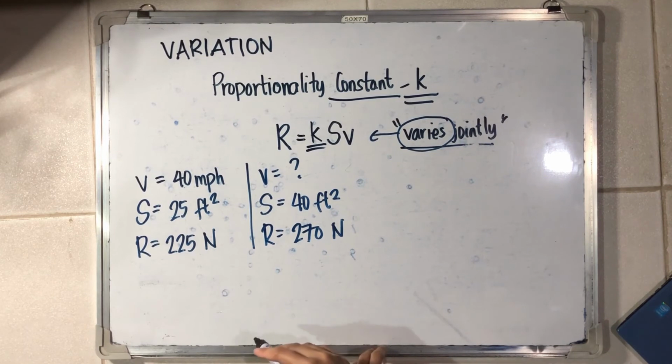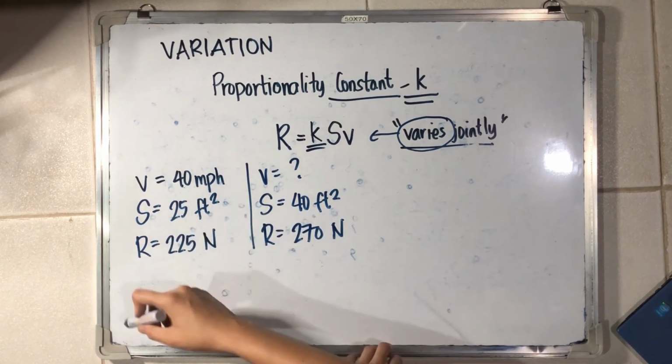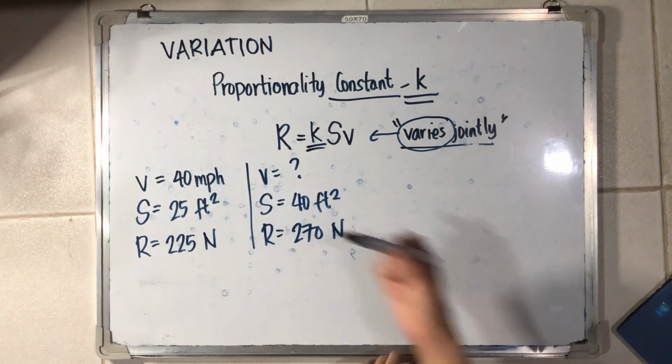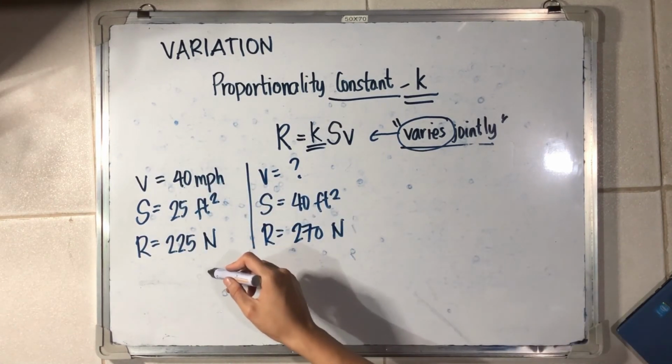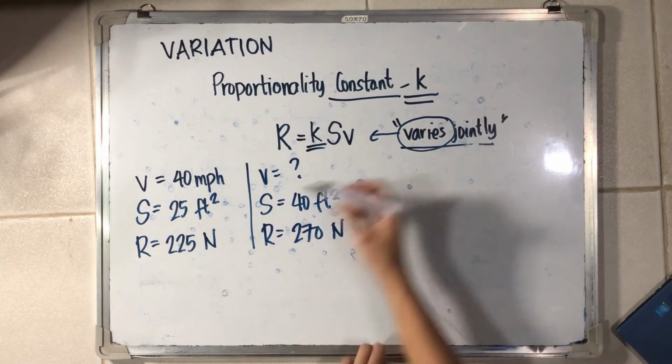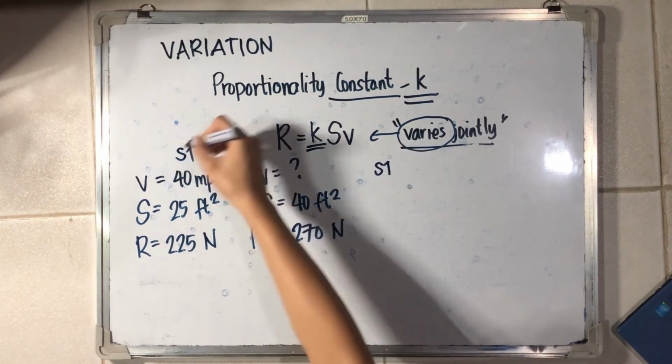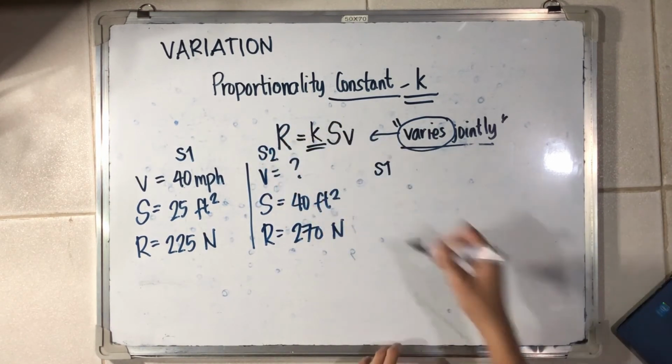So how do we get your k value? We get that using the situation kung saan complete yung kanyang given dito. So in that case, ito yon. So using this situation here, so this is setup 1, I'll write it as setup 1 and this one is unknown, setup 2.